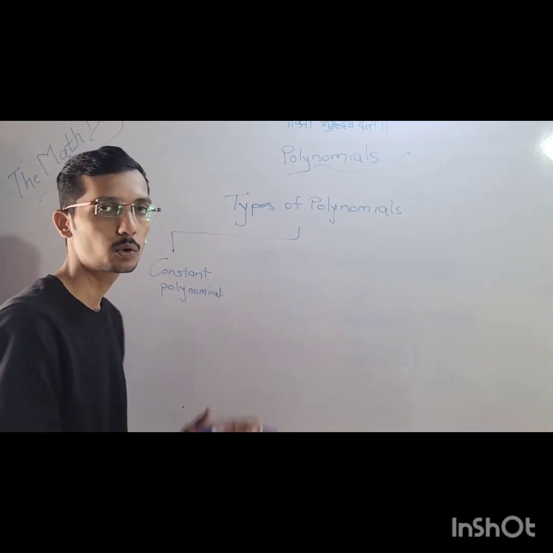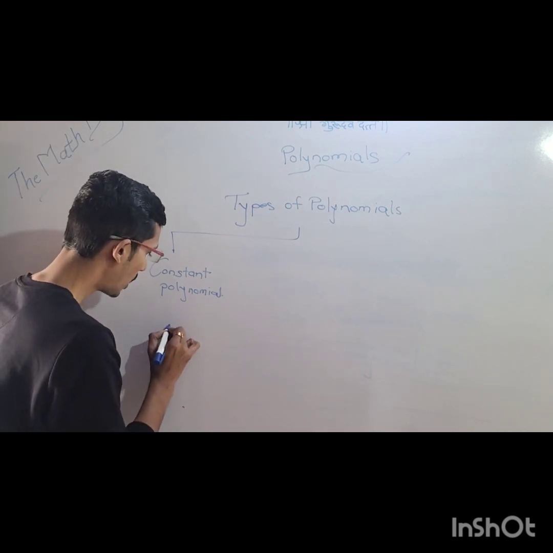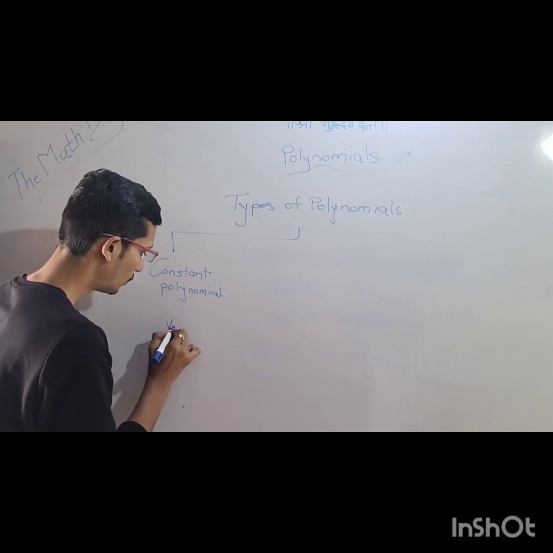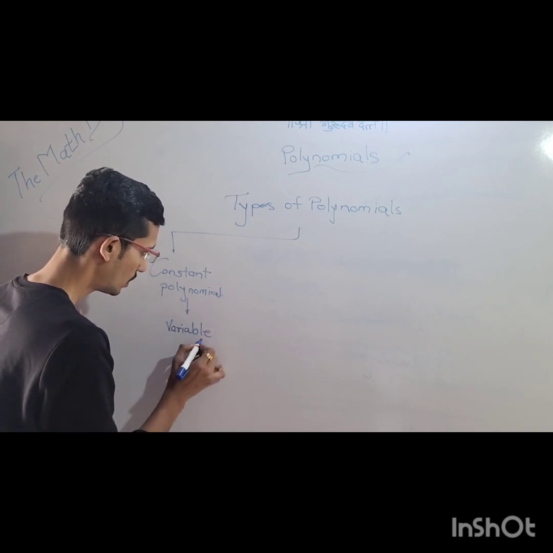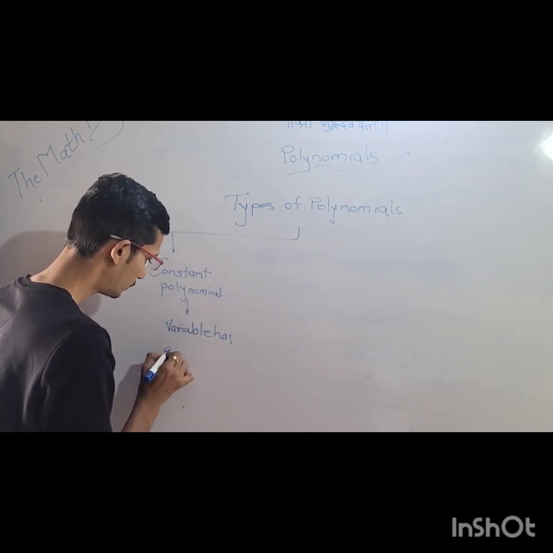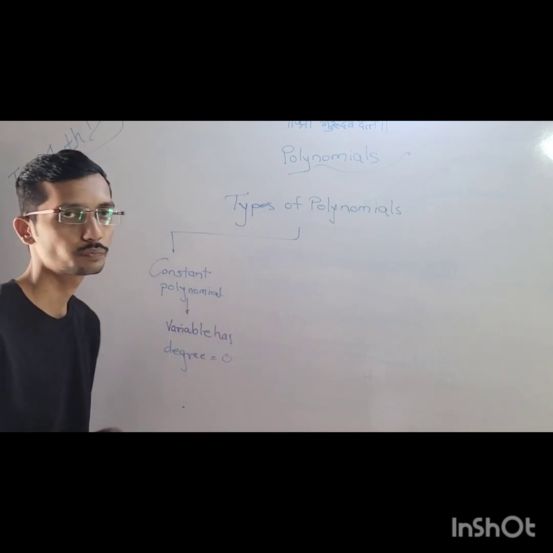So in a constant polynomial, the degree of the polynomial is 0. That means the variable has degree equal to 0.